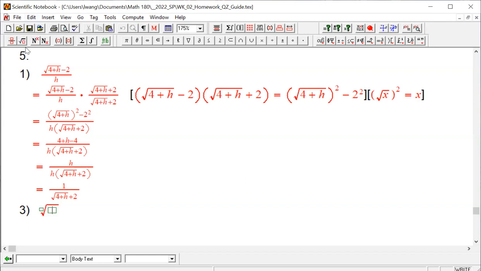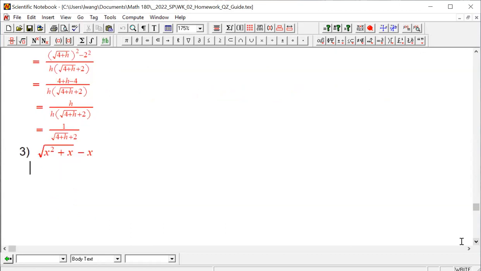Number 3, we have the square root of x squared plus x, minus x. Then you say, oh, where's the numerator? Of course, there is a numerator, right? You can view this as the numerator and there's a denominator 1.